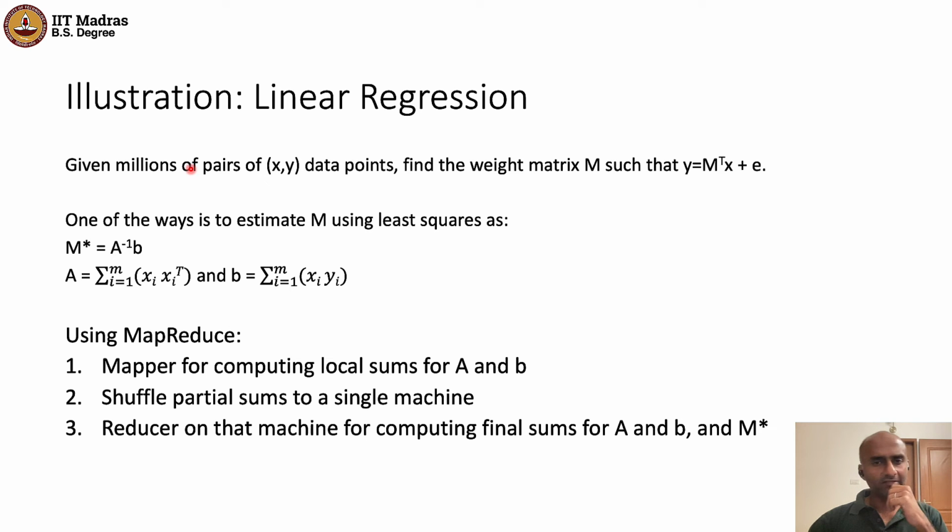and because we're talking about big data, these are millions in number, x comma y data points, and I need to be able to find a representation of a formula which linearly connects the dependent variable y back to the independent variable x. Let's assume it's a single dimension linear regression.